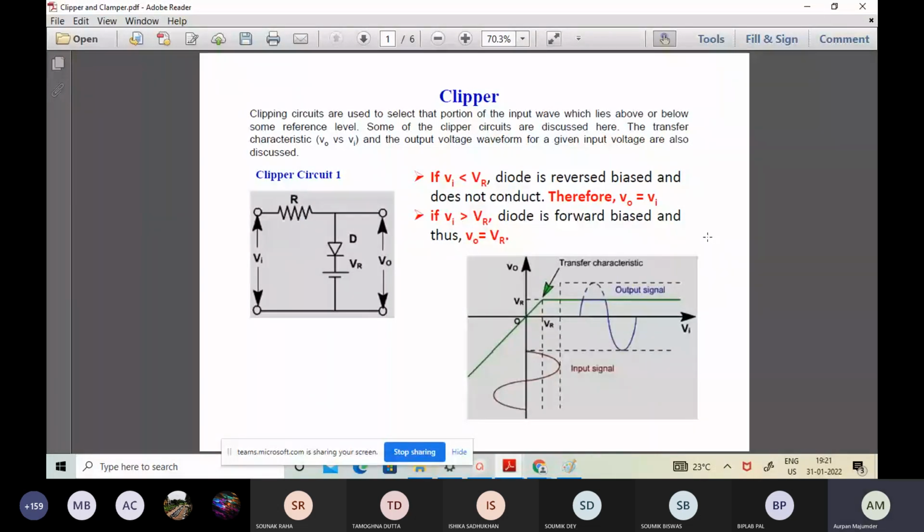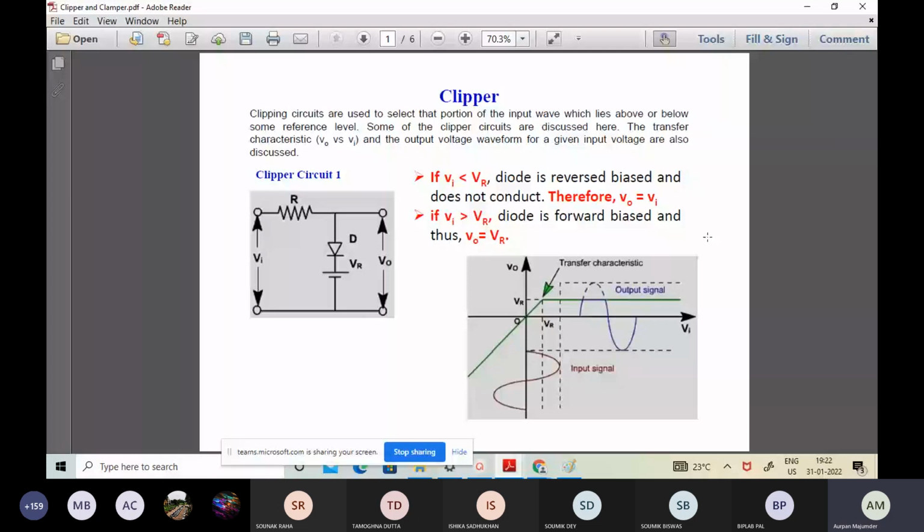And the other case is that of a clamper, where the main essence is to design a circuit with a different DC level. What I mean to say is this: let us say you have a signal with zero DC, a sinusoidal signal having the reference axis, the x-axis. So it is basically a zero DC signal.